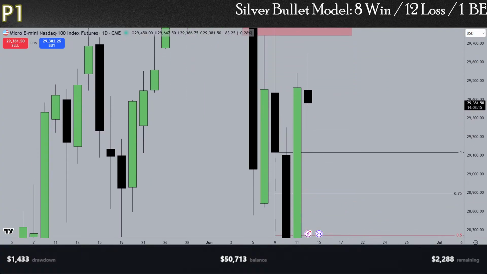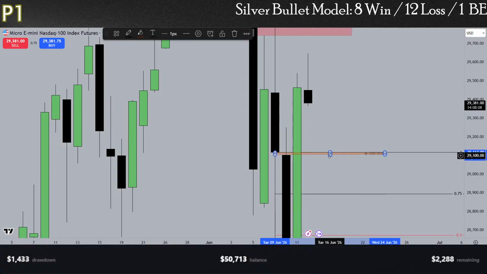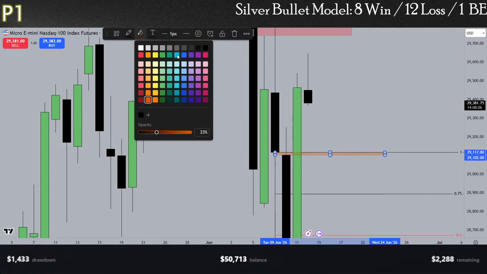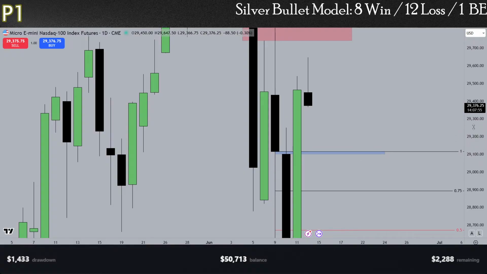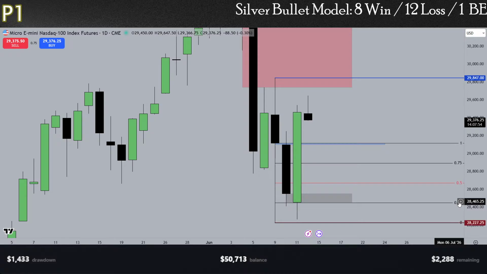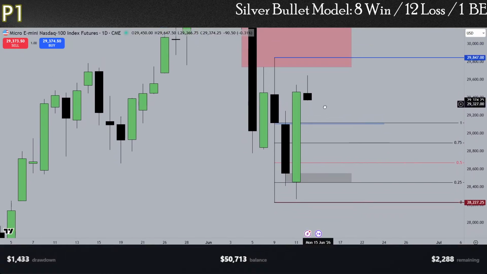On the downside, there is a small little volume imbalance here on the daily chart. Besides that, nothing really else.